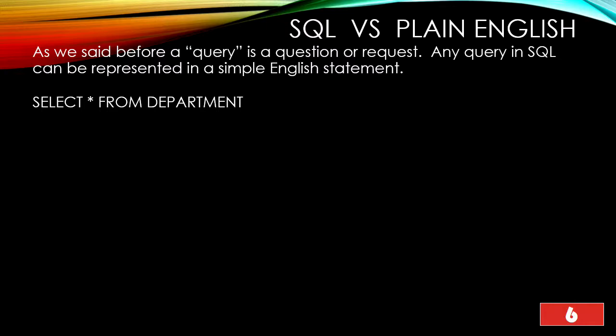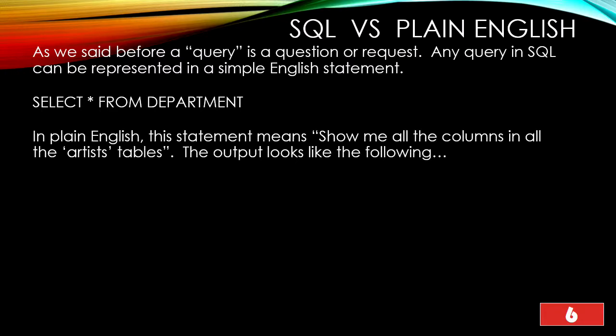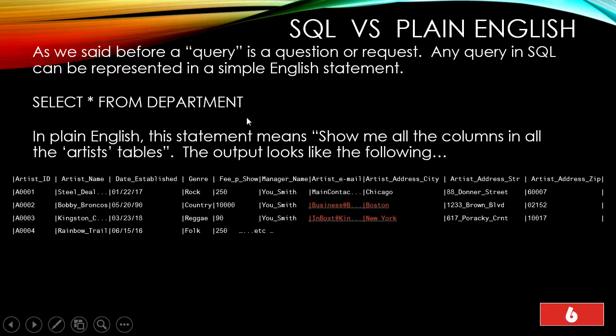So if we were to take this statement and represent it in plain English, wow, I really messed up on this PowerPoint. But basically, if we were to represent what we did in normal English, it would be show me all the columns and all the rows from the artist table. And the output would look like the following.